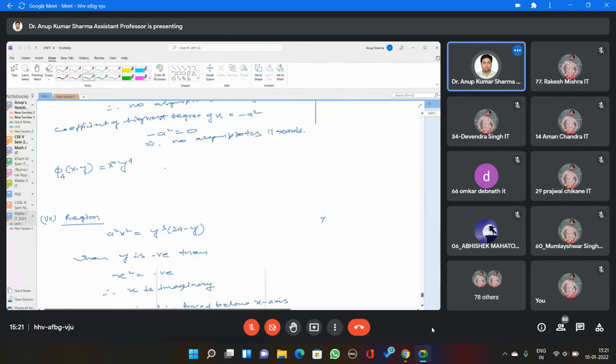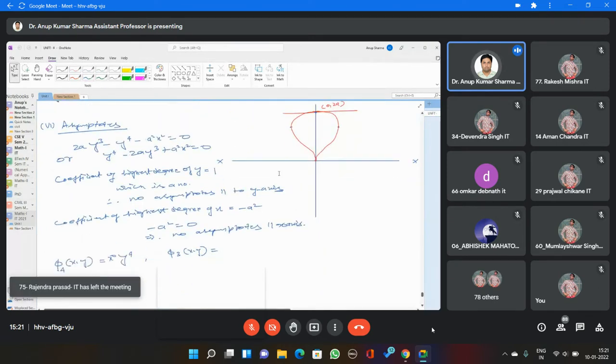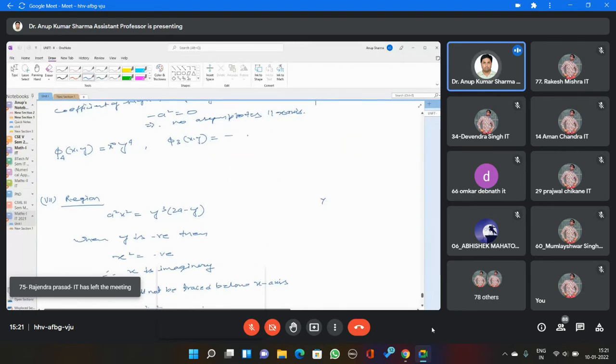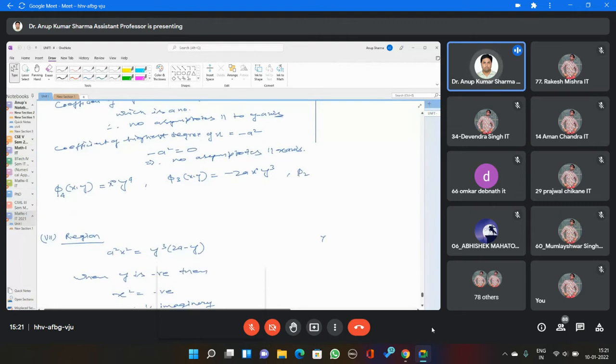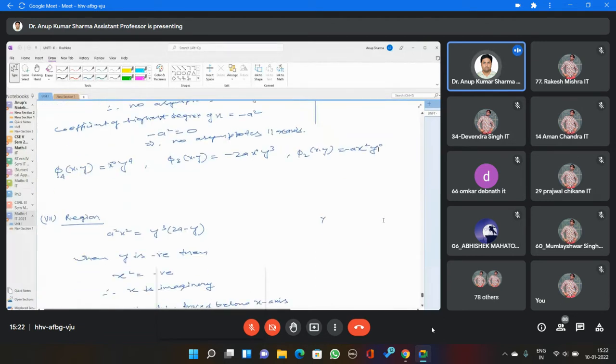This is phi 4. Similarly, phi 3 of xy is minus 2a x to the power 0 y cube. Similarly, phi 2 xy is minus a square x square and y to the power 0. These are the terms we use when we find the oblique asymptotes.